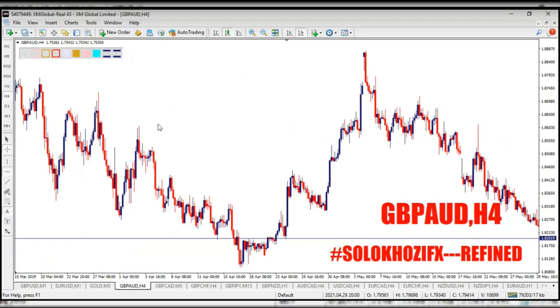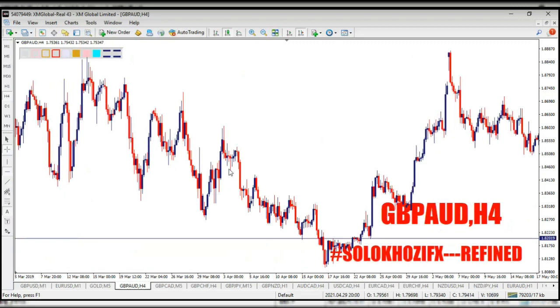No, around our bases, be it rally base drop, or drop base drop, or drop base rally, or rally base rally.